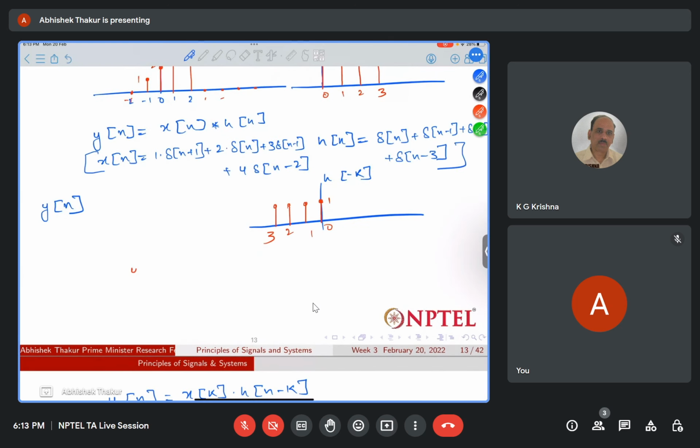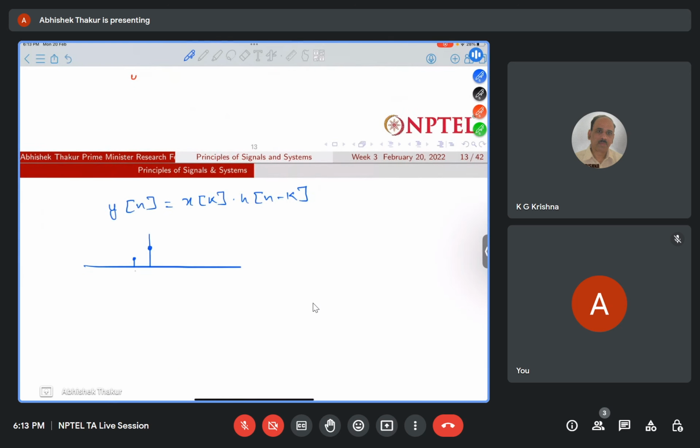This is very easy, using just the formula method. This also we can solve. 1, 2, 3, 4, and our h of n minus k we have to just shift all the times.